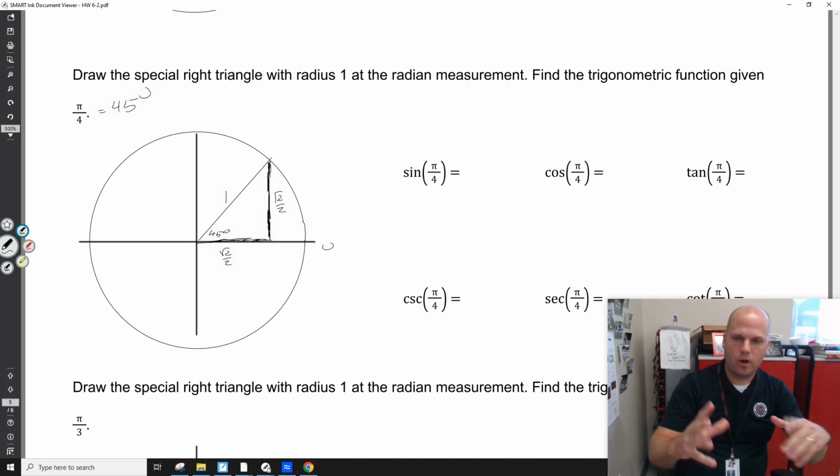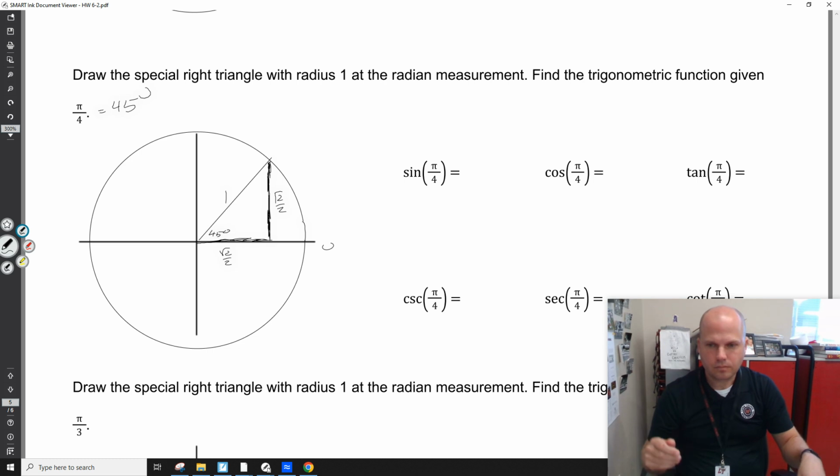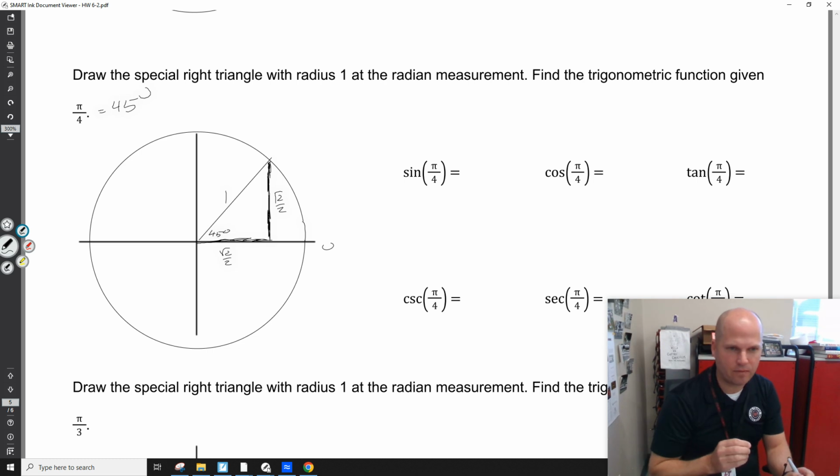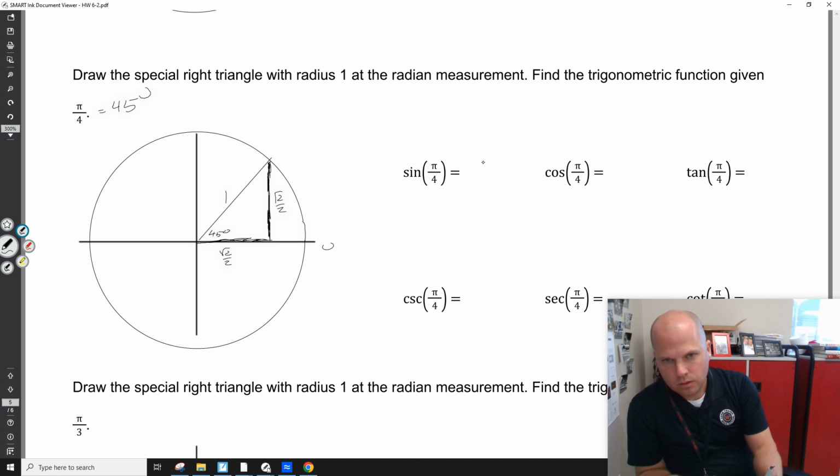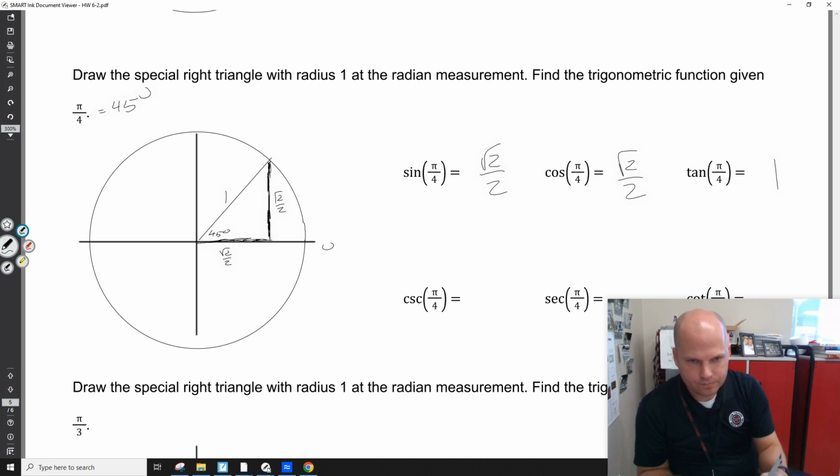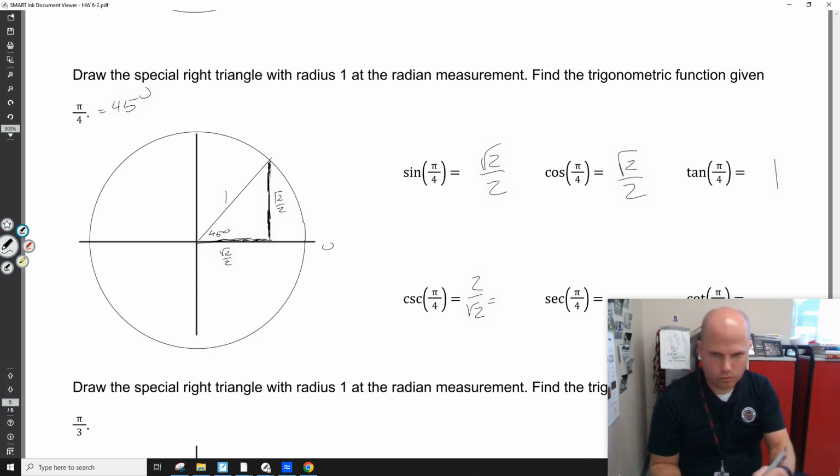We've connected day 1 with day 2. Now, if I ask you what's the sine of pi over 4, you can give it to me. Root 2 over 2. Root 2 over 2. Opposite over adjacent, 1. Flip it: 2 over root 2, which is 2 root 2 over 2, which is root 2.